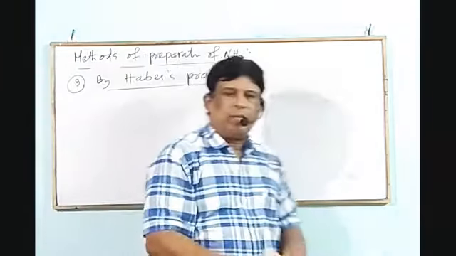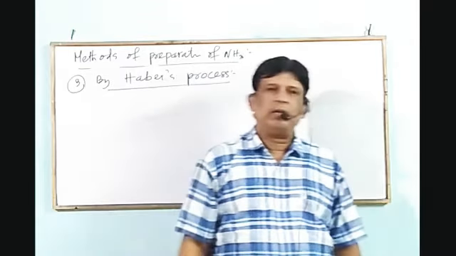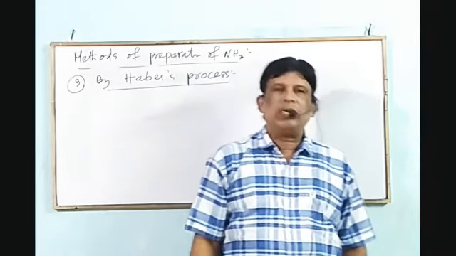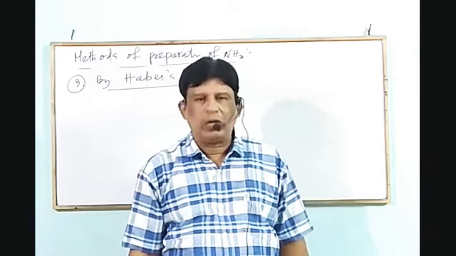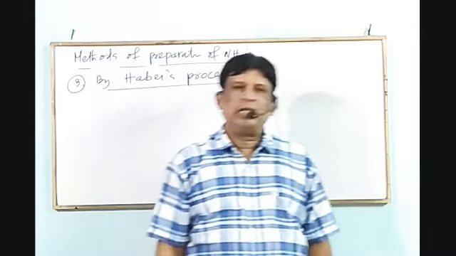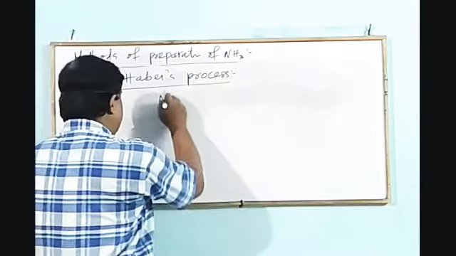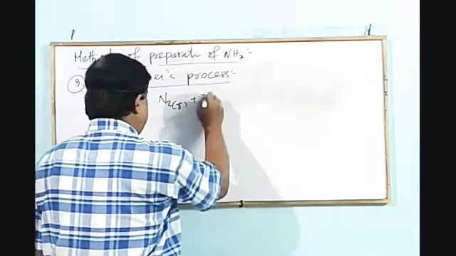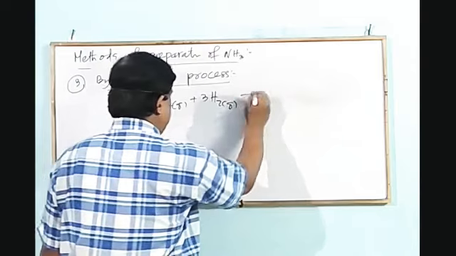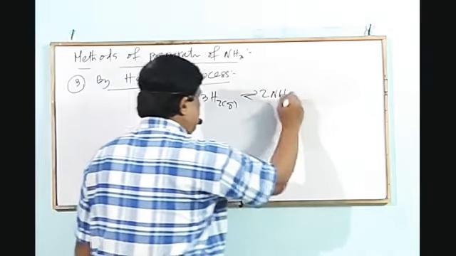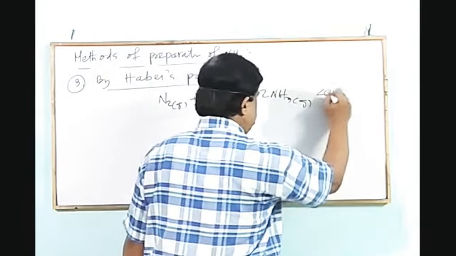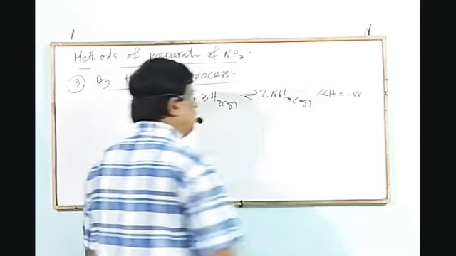It is the industrial method of preparation of ammonia. When dinitrogen combines with dihydrogen, it results in the formation of ammonia. Mark the equation. N2 gas plus 3H2 gas give rise to 2NH3 gas. Delta H is negative.